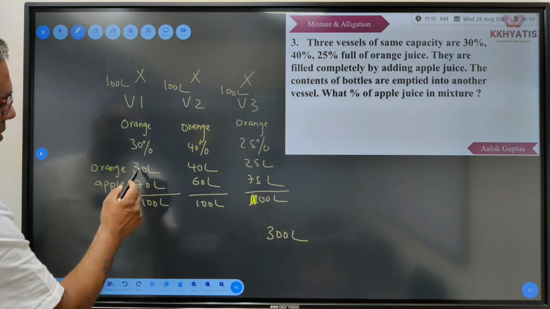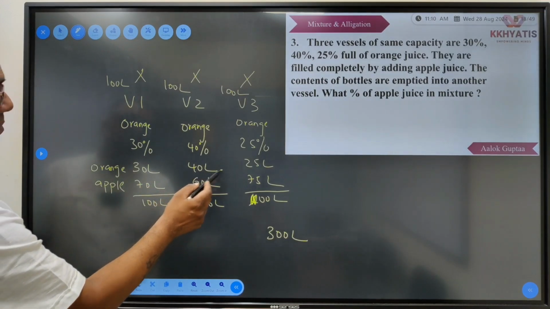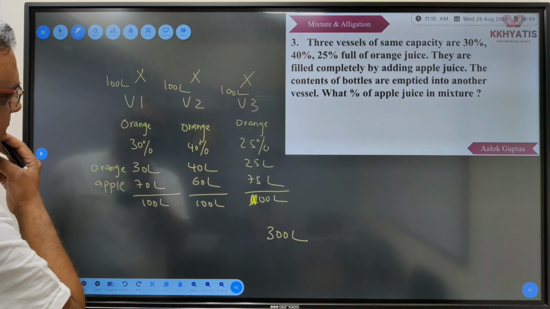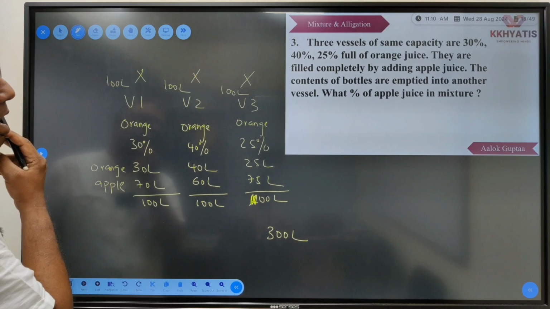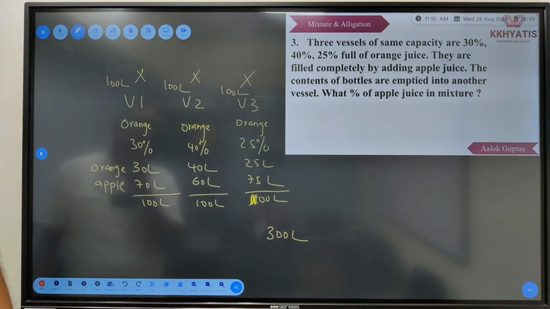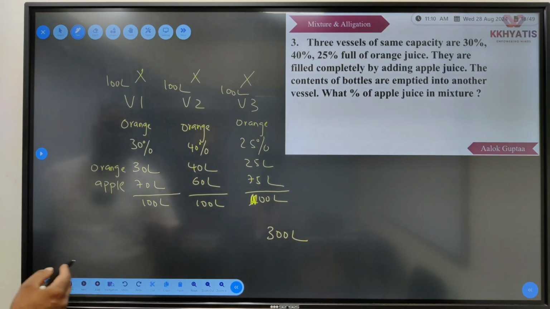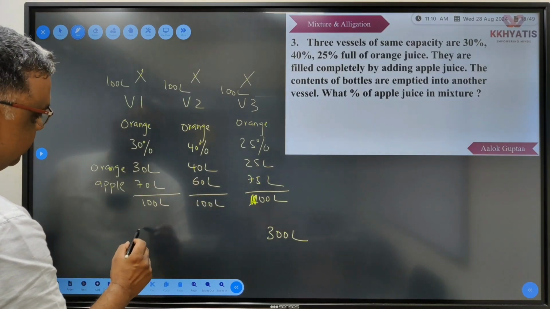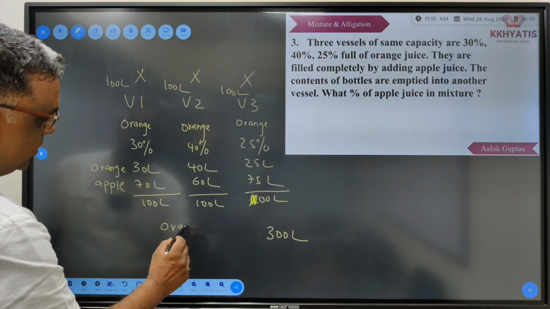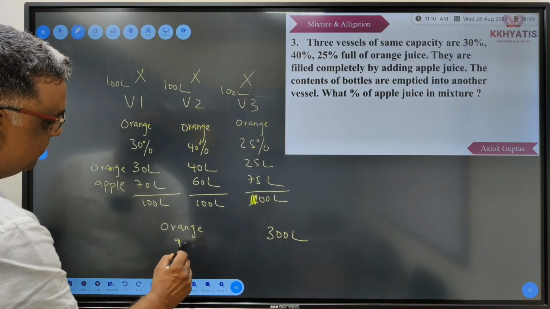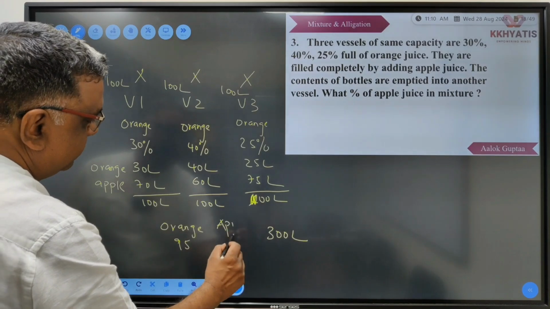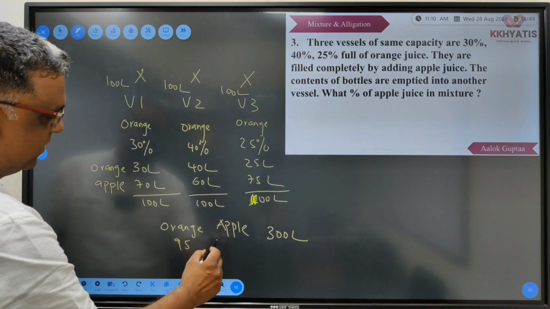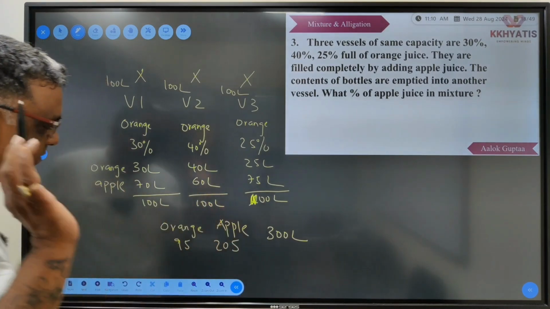How much orange will there be? 30 plus 40 is 70, plus 25 is 95. So orange is 95, and how much should be apple? Apple is 130, 205, right?